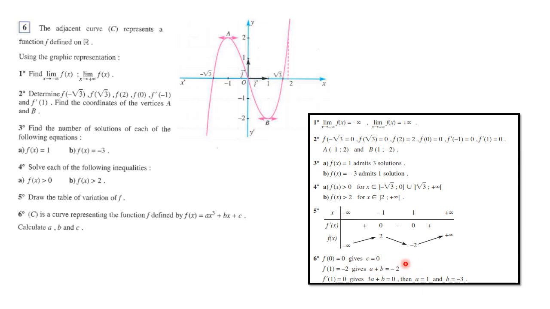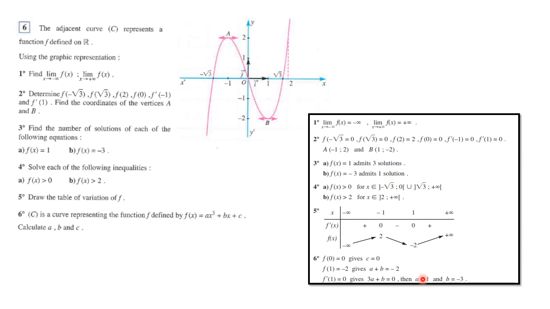Then I use f prime of 1 equals to 0. Of course, you can use any other point if you want. It gives me 3a plus b equals to 0. So this is a system of 2 equations, 2 unknowns. You multiply any equation by minus to get rid of b, and then you get minus 2a equals -2, and then a equals 1.